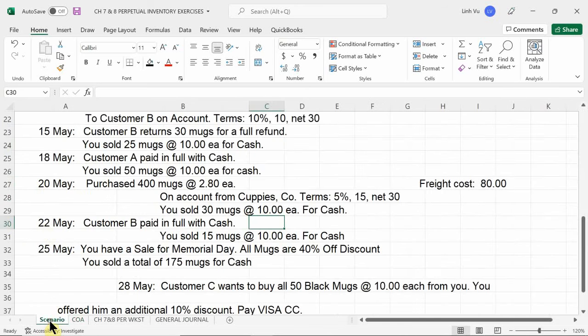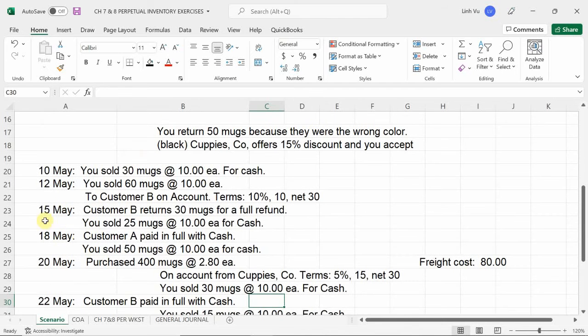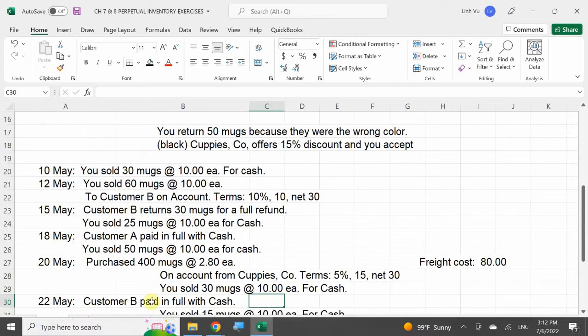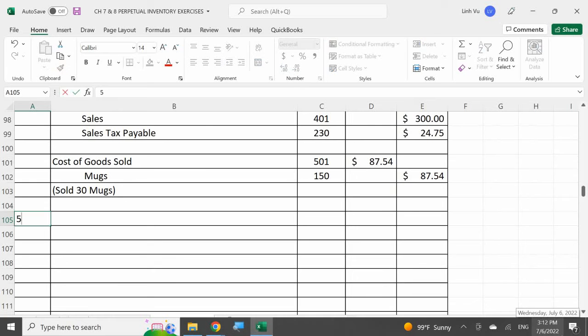Okay. So let's take a look at this again. Customer B is paying in full with cash on May 22nd, and May 12th and May 15th are the journals we're going to look at. We're going to be receiving cash, and giving the sales discount.